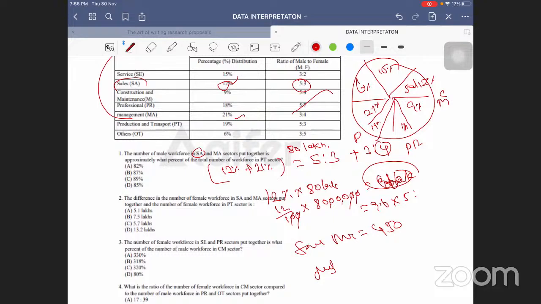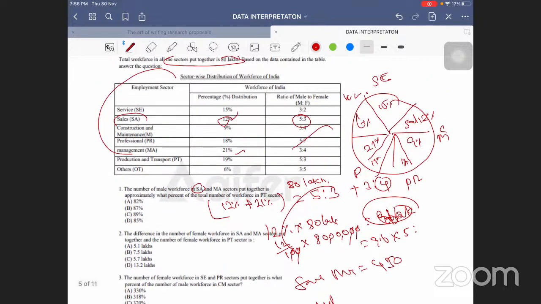Before this calculation, we need to find the total value of the workforce, male and female.